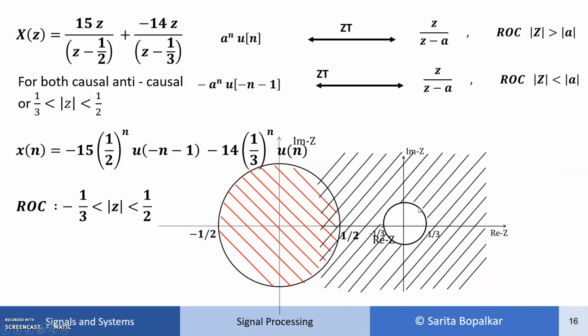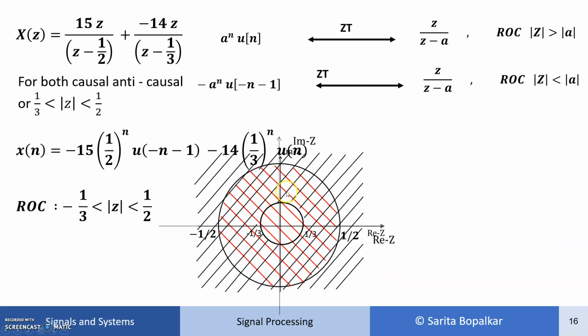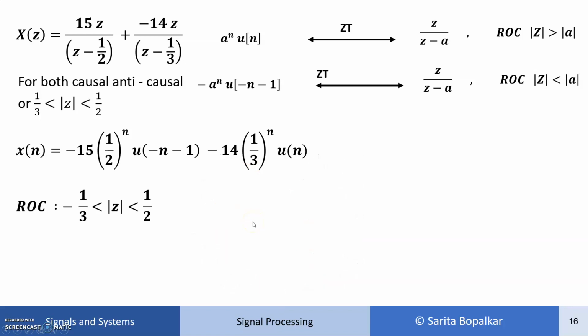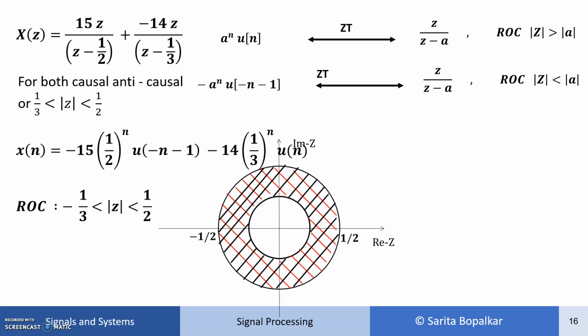Let's check. Now this squared portion is the intersection region, meaning mod z greater than 1 by 3 and mod z less than 1 by 2. That is this ring. So this is the ROC, mod z greater than 1 by 3, mod z less than 1 by 2.